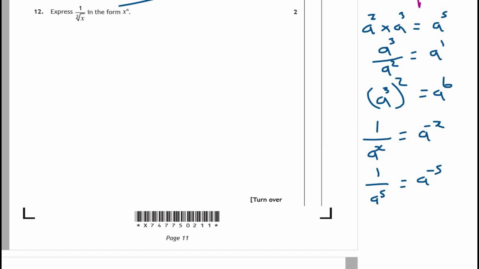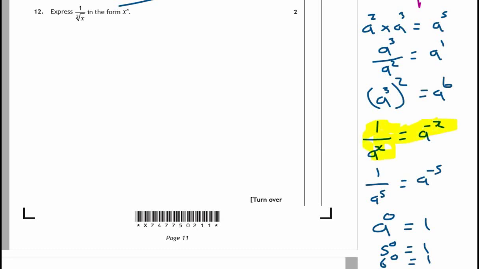And the only other rule that comes up, a to the 0 is 1. So n to the power of 0 is 1. 5 to the power of 0 is 1, 6 to the power of 0 is 1. Try and remember these. They do come up a lot, and they're really not that hard to remember. I'd say this one, the negative, is probably the one that people forget and struggle with.